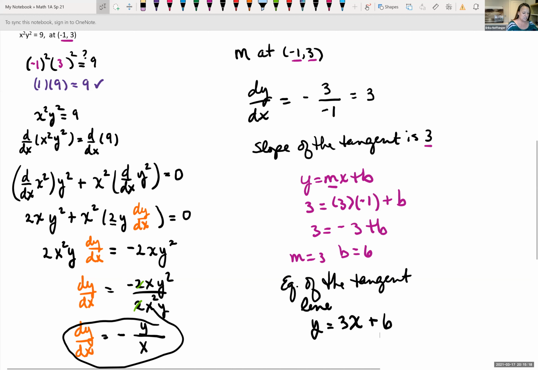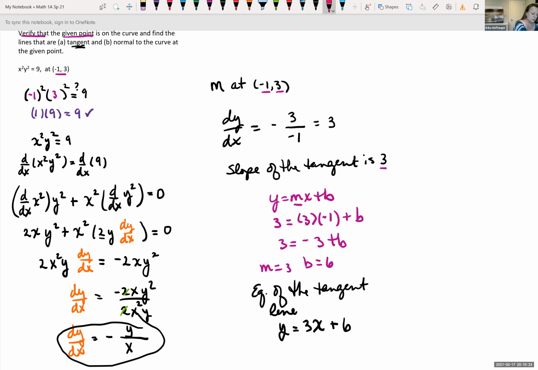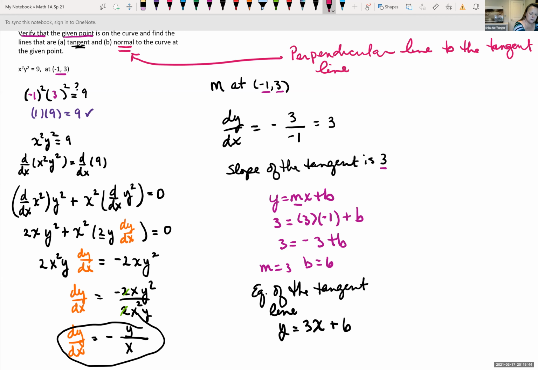So in the next question, we wanted to find the equation of the normal line. Basically, the normal to the curve, this is a perpendicular line to the tangent line. And so we just need to remember what we know about slopes of two lines, that the lines are perpendicular.